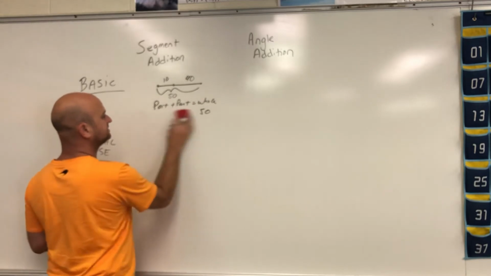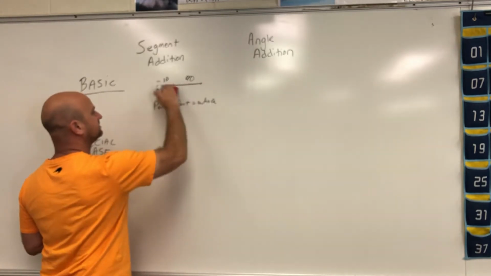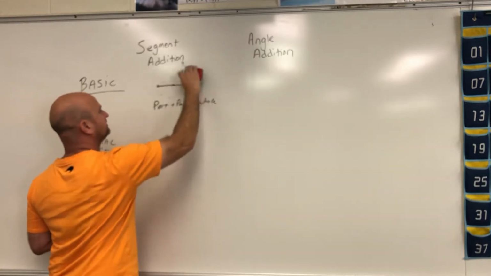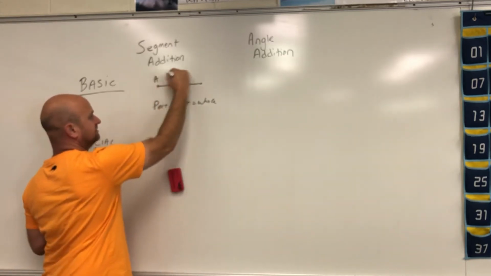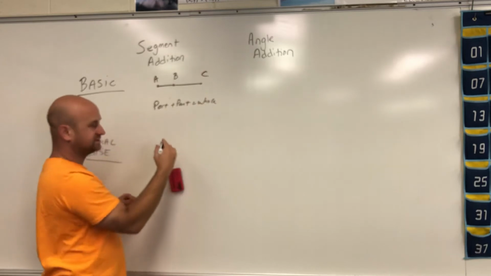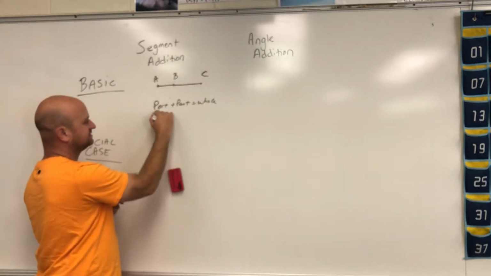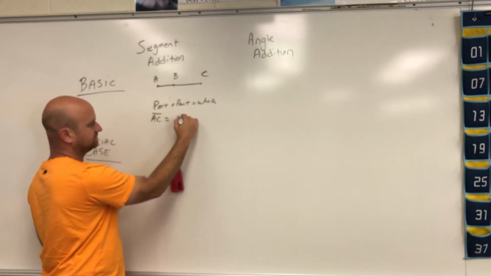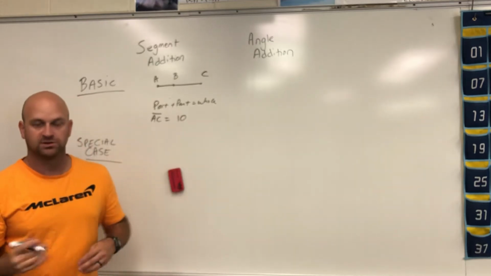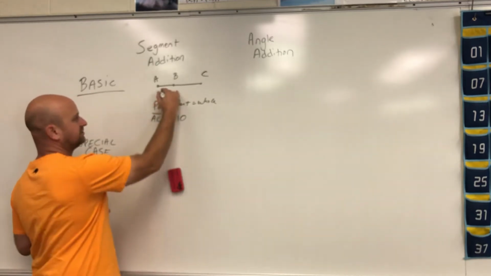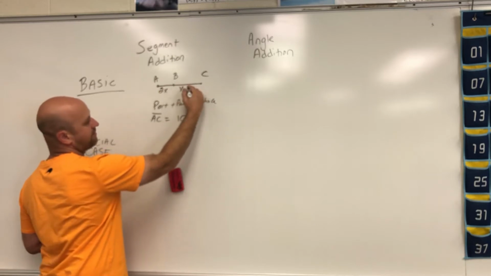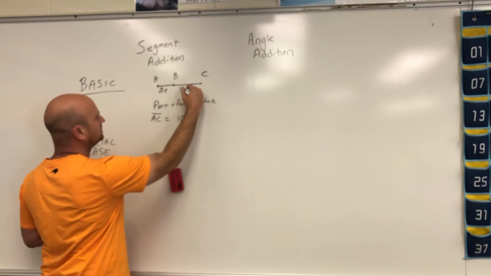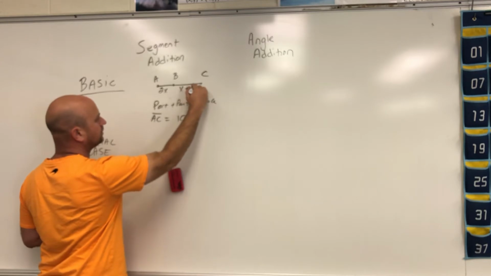Now what happens if we want to make this a little more algebraic? Sometimes they'll tell us this is point A, point B, and point C, and that segment AC is equal to 10, for example. I'm just making up a random number. Then we have 2x and x plus 1.